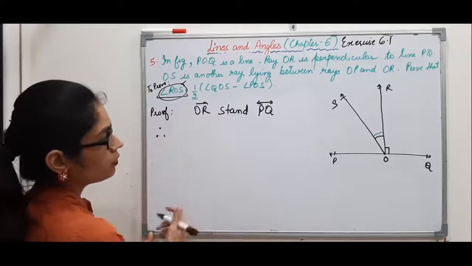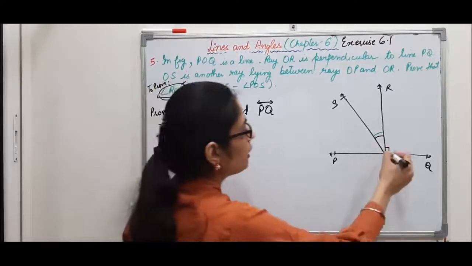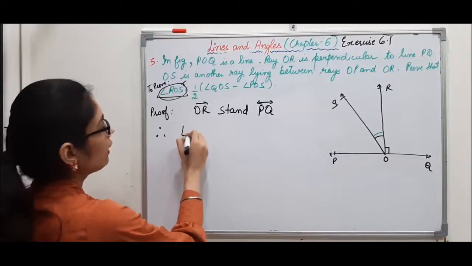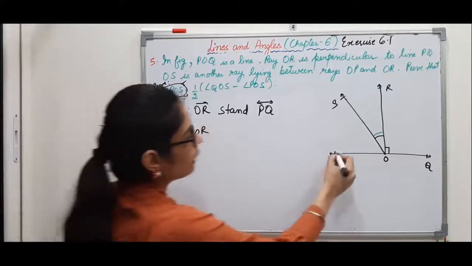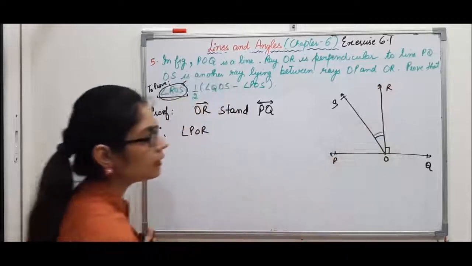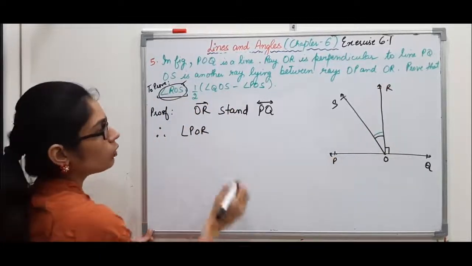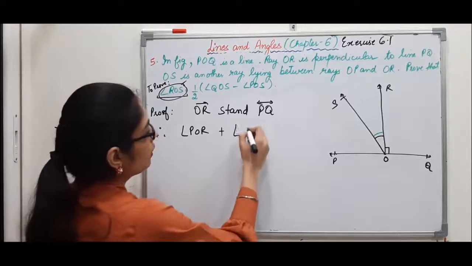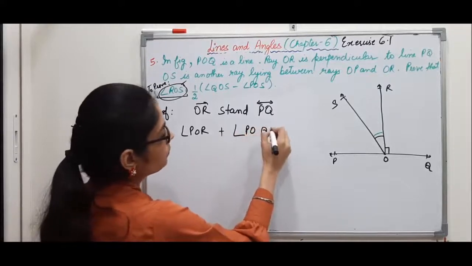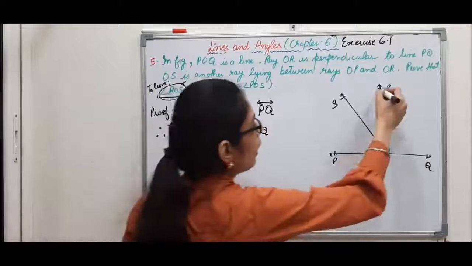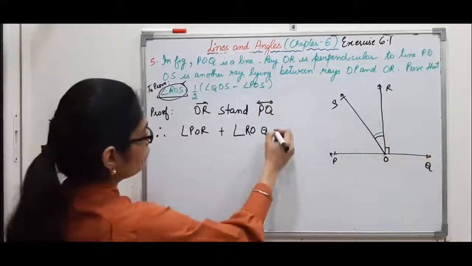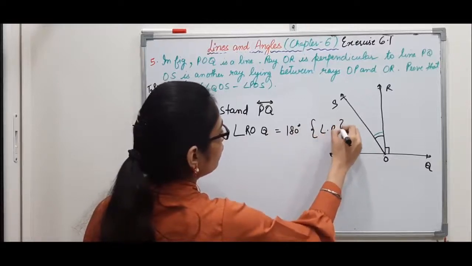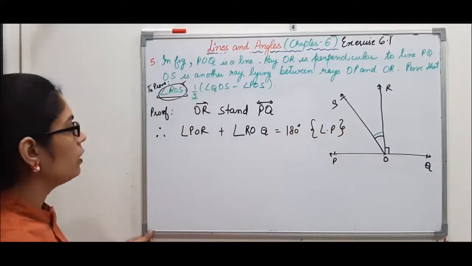Therefore, two adjacent angles we have to write. If OR is the ray, these two angles are angle POR, since OR is the common arm of these two adjacent angles, plus angle ROQ. It's equal to 180 degree because they are forming linear pair axiom.